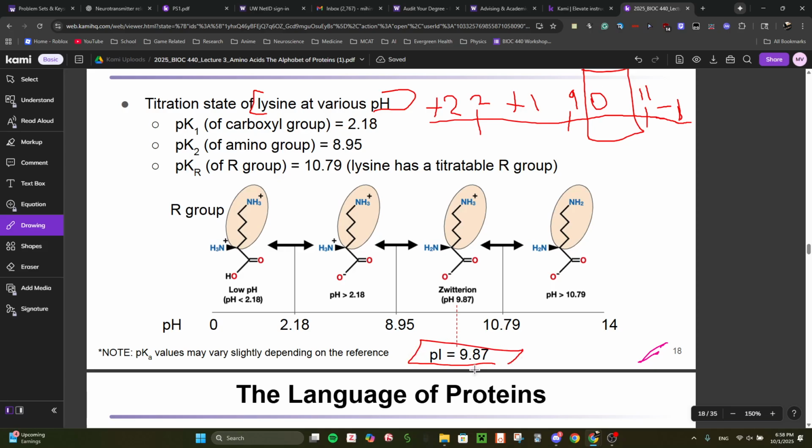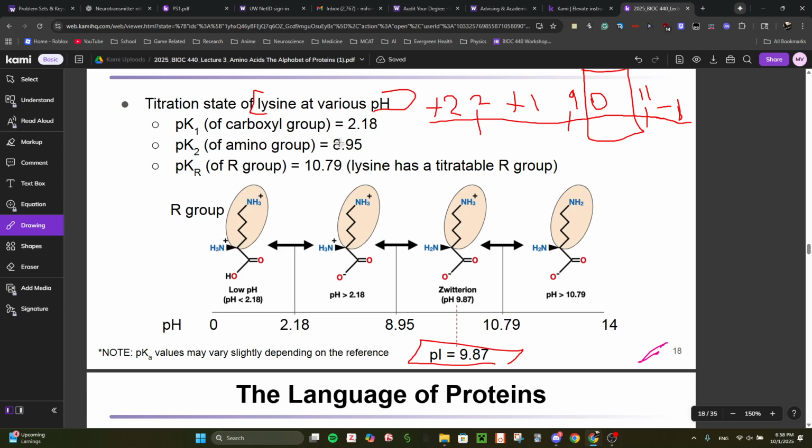Now, the easy way to do this, without doing any of this nonsense: usually you do single amino acids. If you do a whole chain of amino acids, this technique doesn't work. But if you have a single basic amino acid, take the side chain pKa plus the N-terminus pKa and divide it by 2.